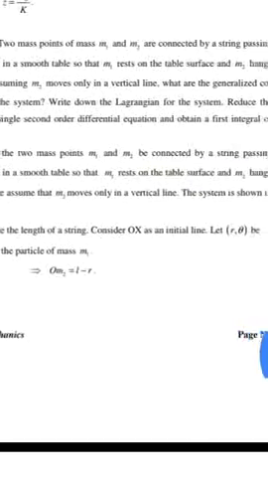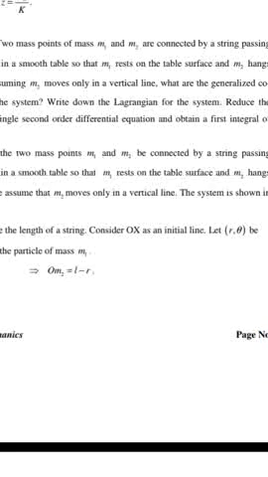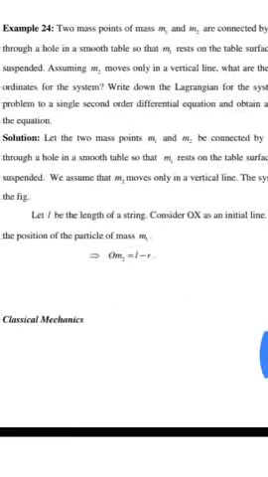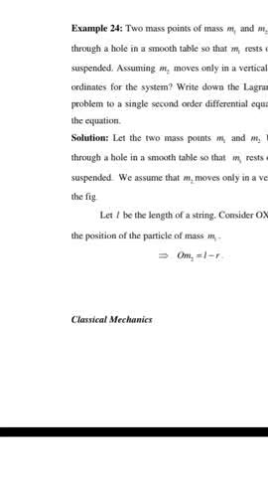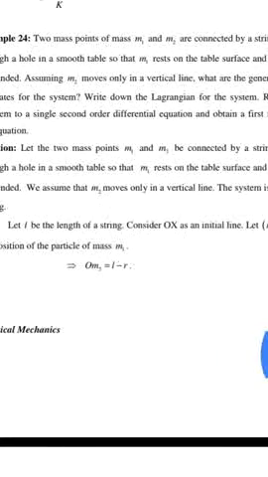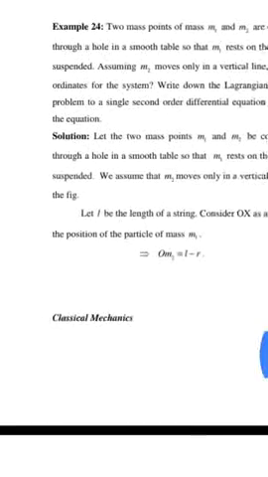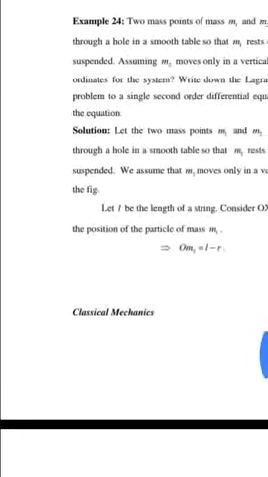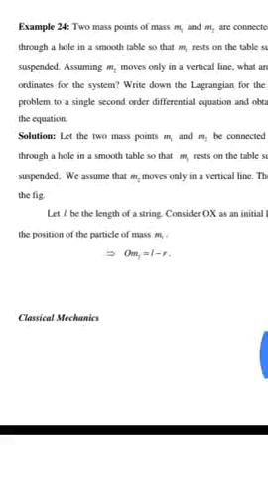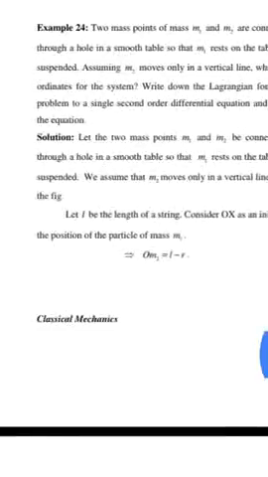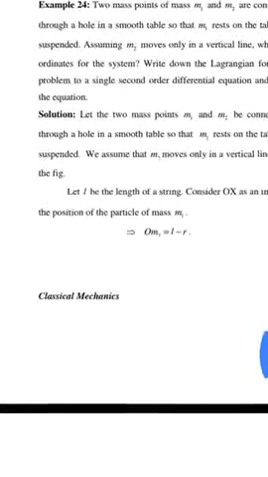Assuming m2 moves only in a vertical line, what are the generalized coordinates for the system? Write down the Lagrangian of the system. Reduce the problem to a single second order differential equation and obtain a first integral of the equation.